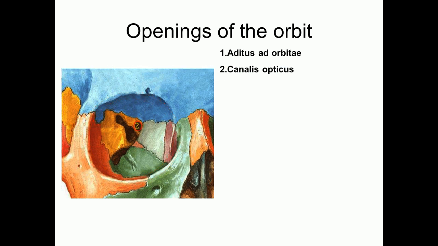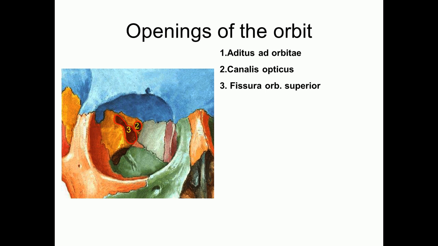And now, number 2, canalis opticus. Through it, nervus opticus passes from the middle fossa to the eye socket.